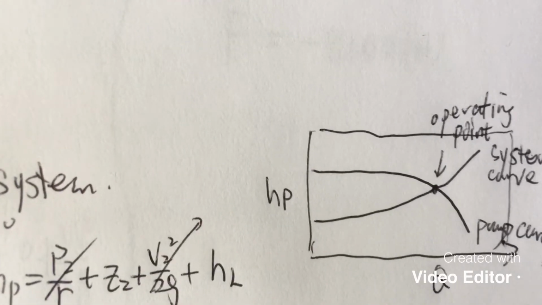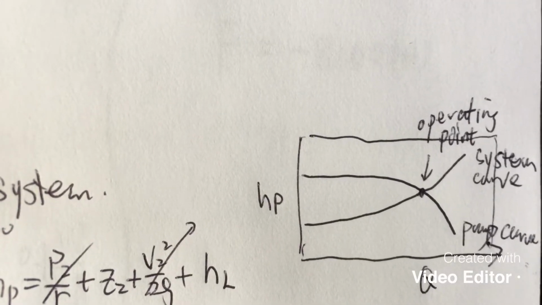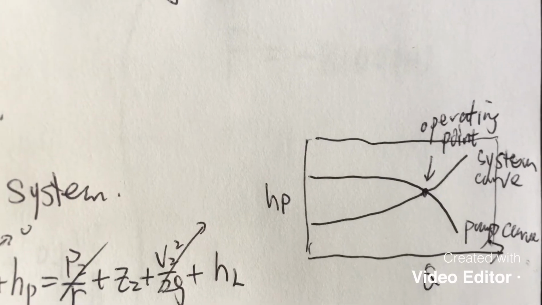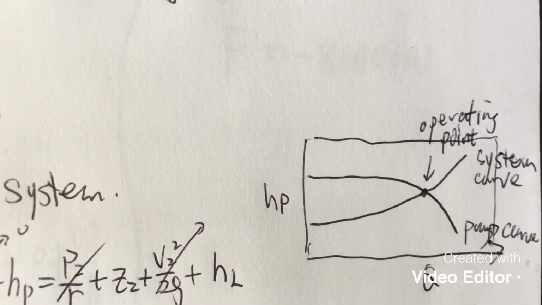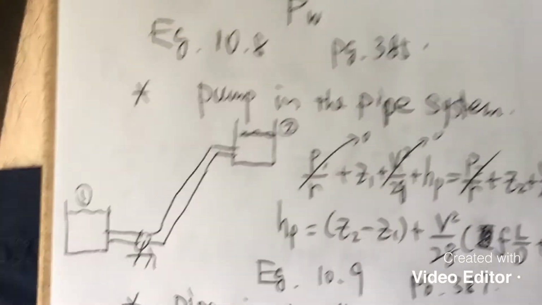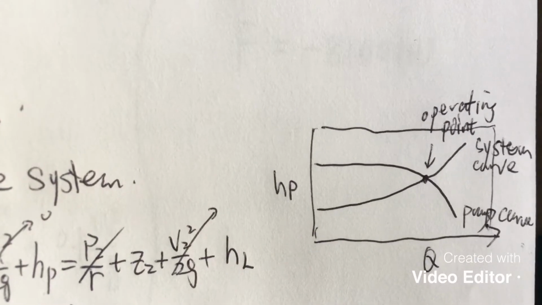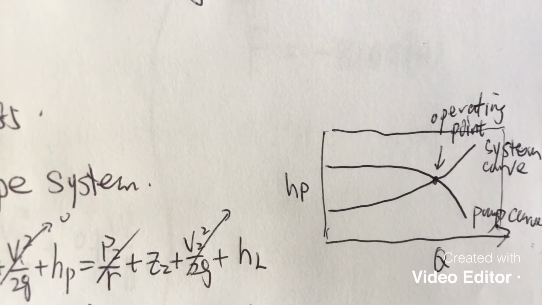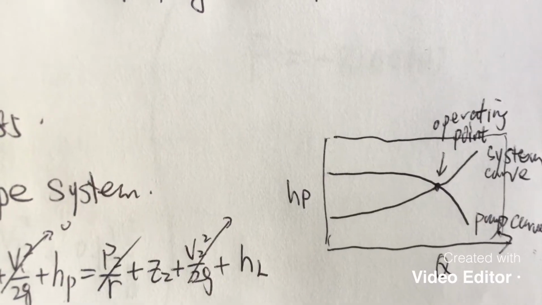Okay, but if you place these two curves together, there's an intersection. We call it the operating point. Okay, operating point. The meaning of the operating point is if you place this particular pump in this particular system, it will operate at this operating point, which means this particular flow rate and this particular pump head.